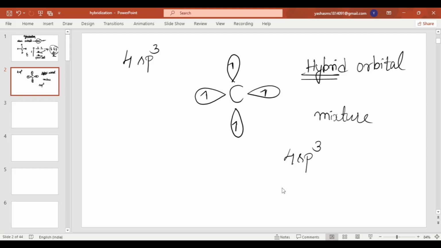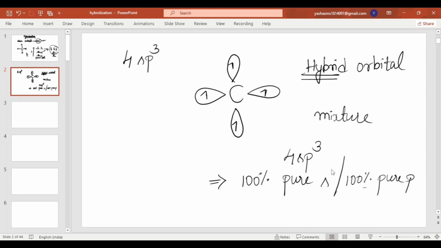This means it does not contain 100% pure s orbital or 100% pure p orbital. It is a hybrid. It contains s character as well as p character.